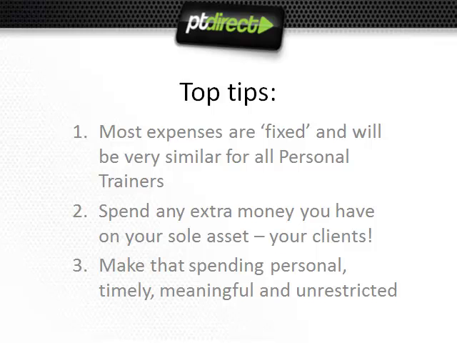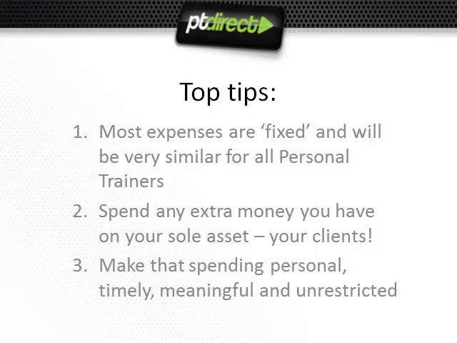Now, unrestricted means if that was a $200 spend, I would buy it in a heartbeat. Why? Because personal training is about making people feel special, as much as it is about getting them fit and healthy. So that spending into your asset base, which is your clients, is really important, and it's very much a case of making it meaningful.